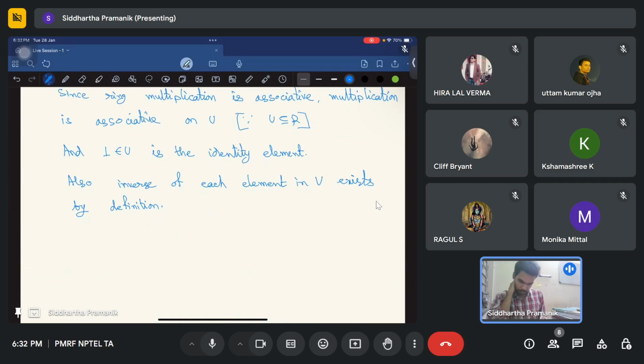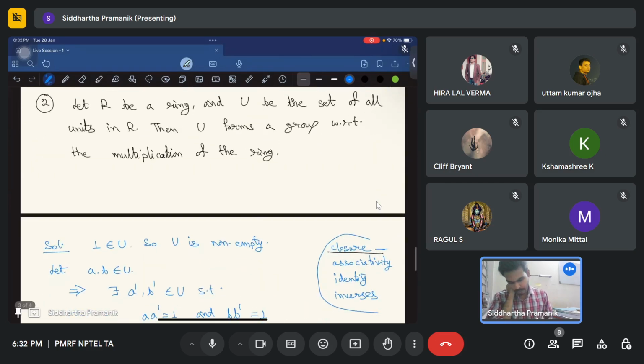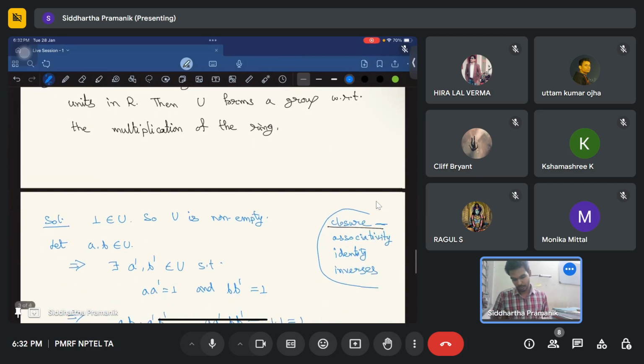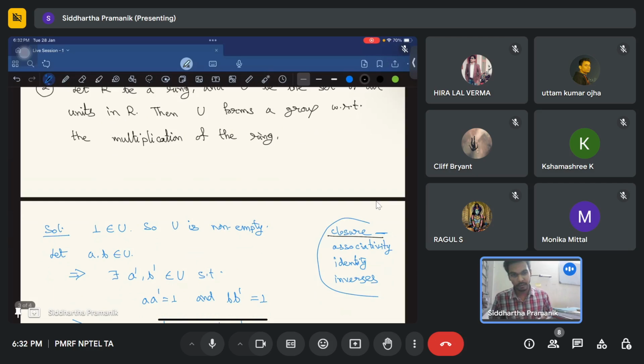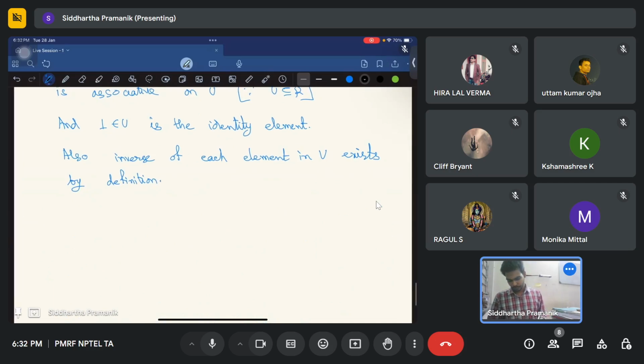So I have introduced zero divisors. I have done one problem on that and one problem on this unit. Okay, let me introduce one more special type of element that is important. That is known as nilpotent elements.